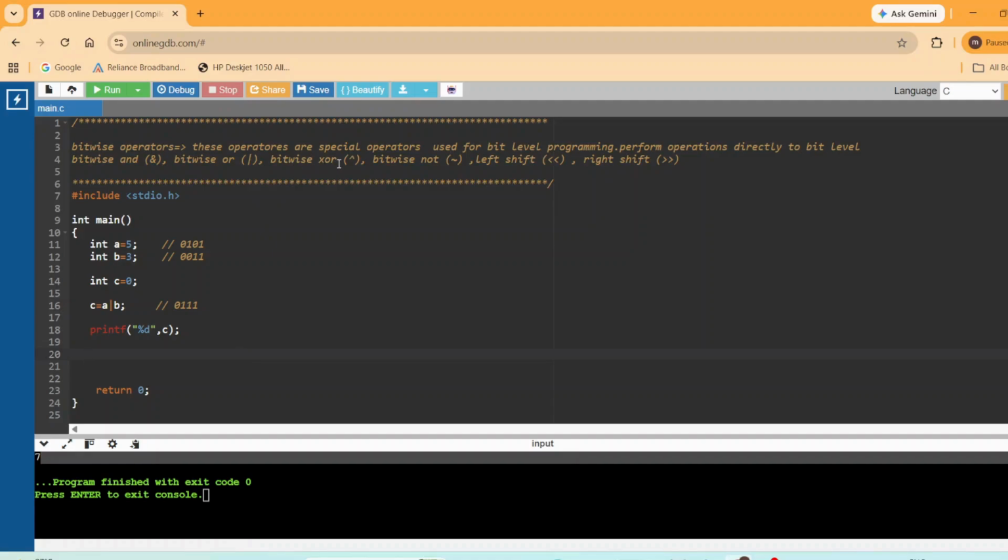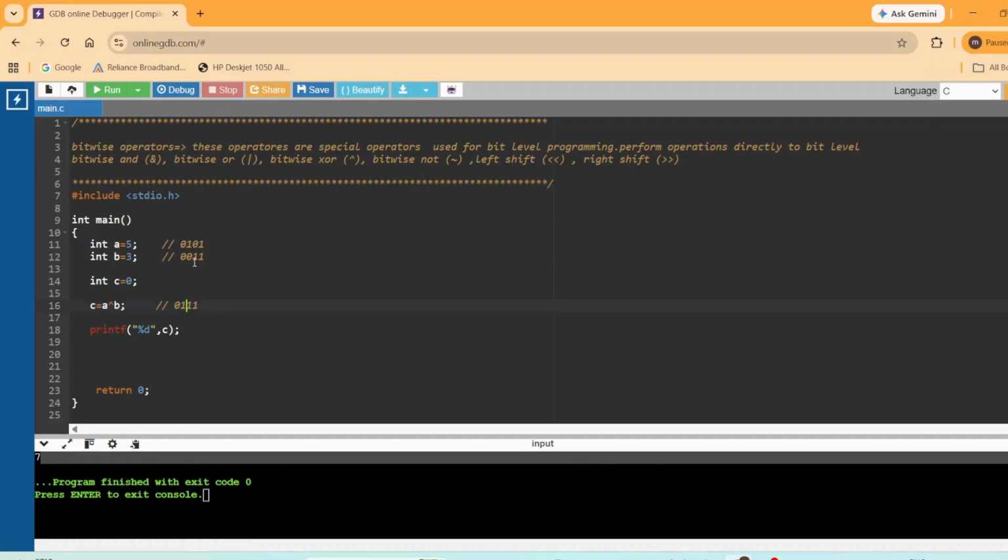Next is bitwise XOR, a XOR b. In this case, if it is a different bit, then it will come 1, otherwise 0. So here 0, 0, then 0 only, both are the same, right? And 1, 0, that means here it will come 1.